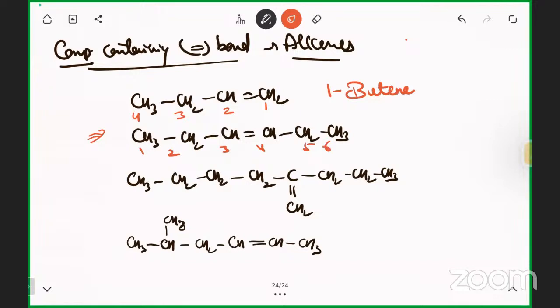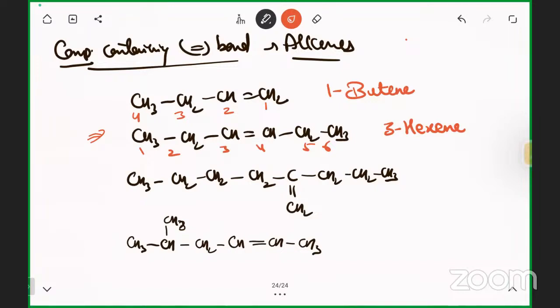Double bond is on the third position, either from the left side or from the right side. So 6 carbons are present, and for 6 carbon we use hex. If double bond is present, we'll use "-ene". The double bond is on the third position, so it will be 3-hexene.